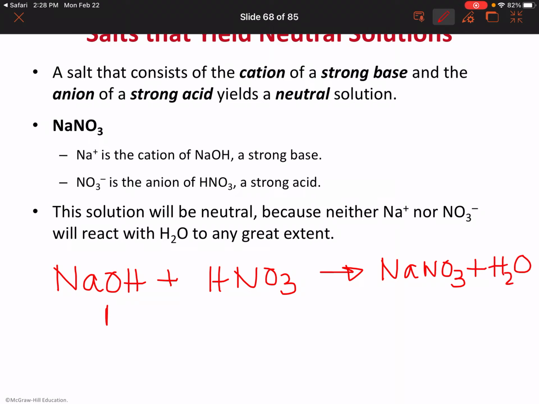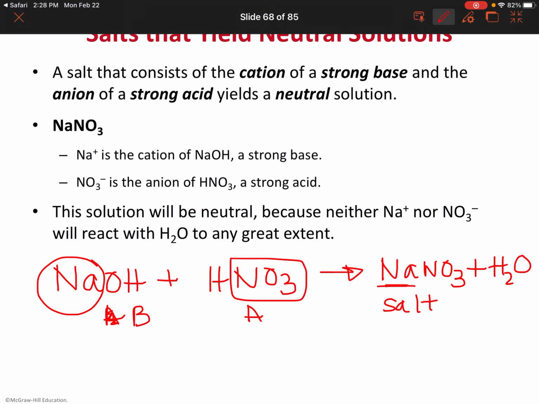So this is the acid. No, this is the base. Sorry, this is the base. This is the acid, and it forms salt and water. Right? So sodium ion is the cation of a strong base and nitrate ion here is the anion of a strong acid.